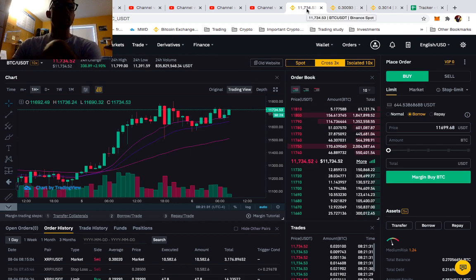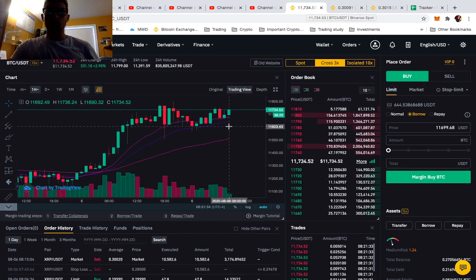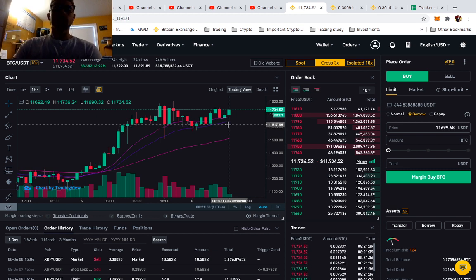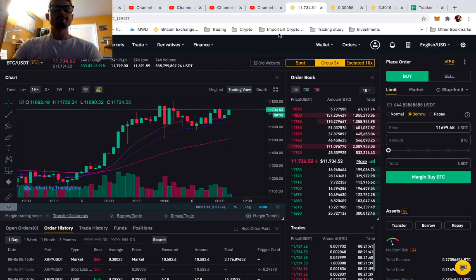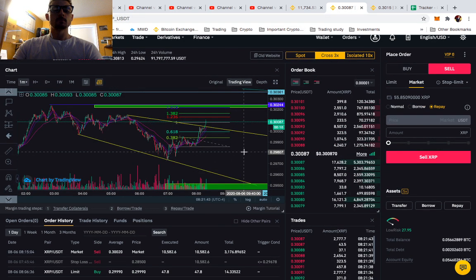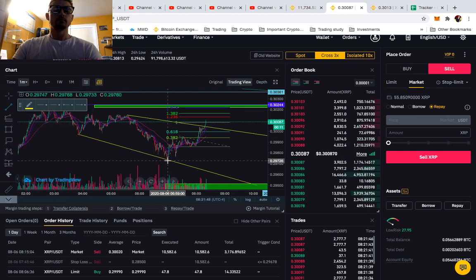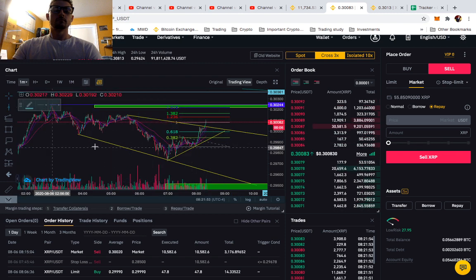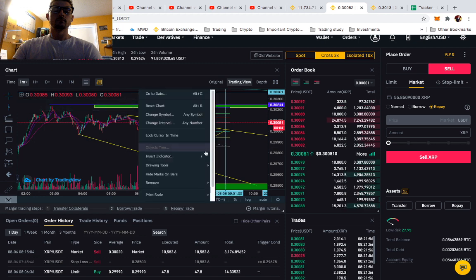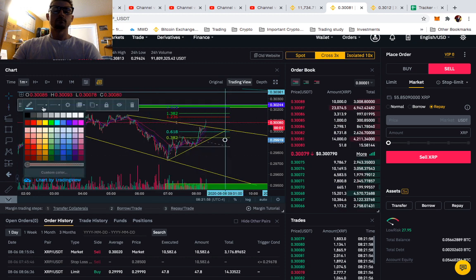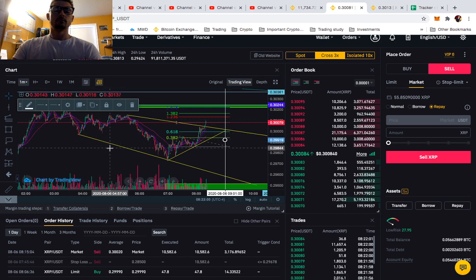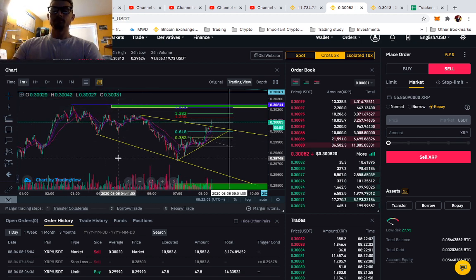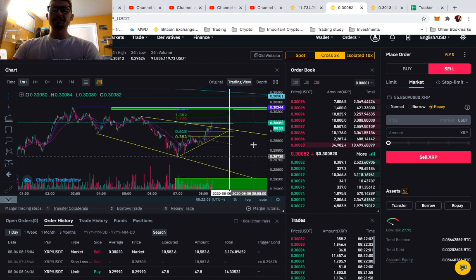Here's Bitcoin once again. Bitcoin's not looking that good anymore. It broke out on a small time frame, but we'll see. Still looking good though, right?